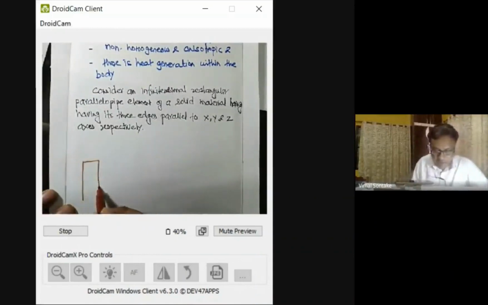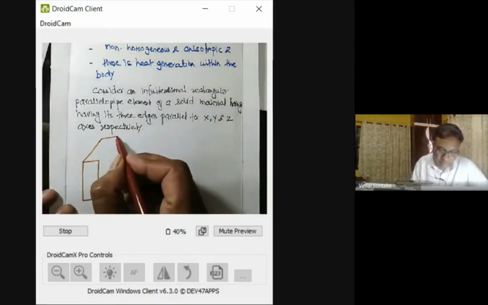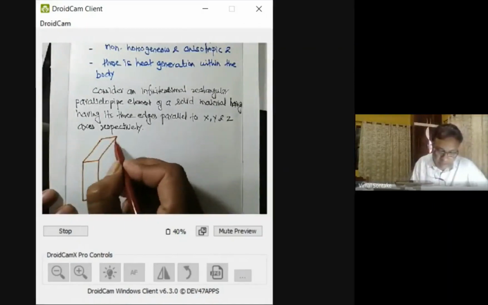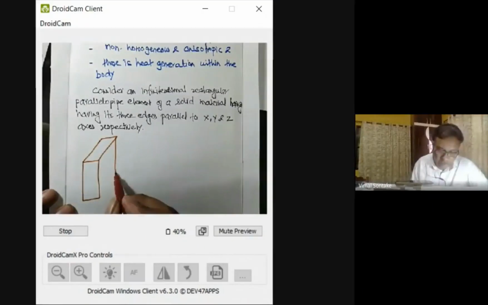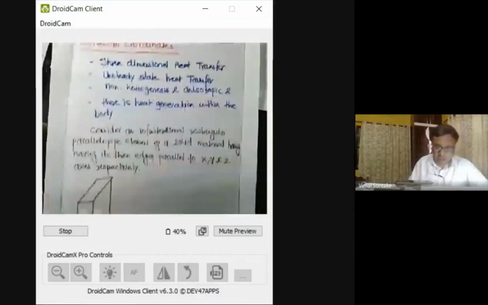I am drawing a wall for the sake of example. Let us consider this is the solid body through which heat transfer is taking place by conduction. And all these four conditions are applicable here.